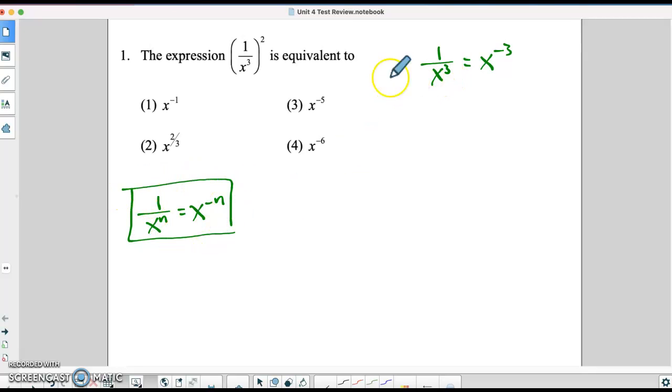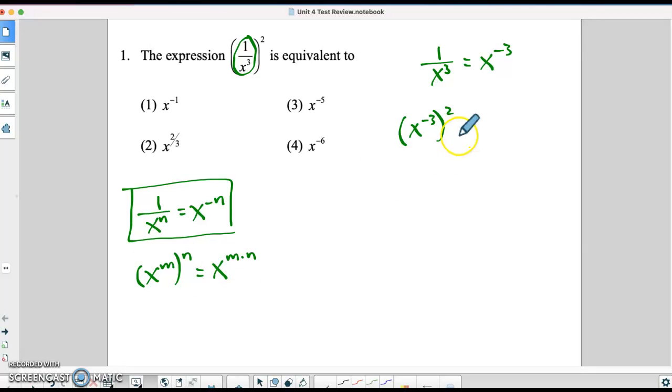So that means for this part we can replace it with x to the negative 3 power, and then squared. From here, there is another exponent rule you need to remember. When you have a power m, and you raise it to another power n, that will give you m times n as the exponent, and you keep the base.